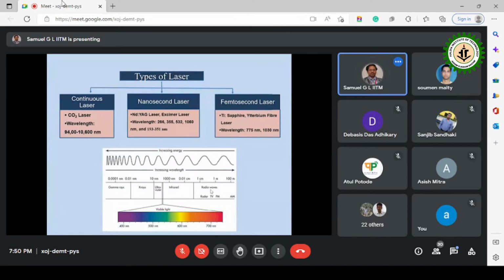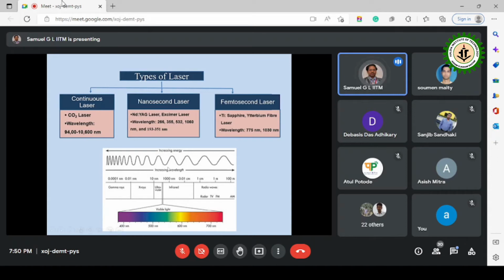Still, if you categorize them based on the way the laser comes out, we can subdivide them into continuous lasers, nanosecond lasers, femtosecond lasers, or we can also categorize them as continuous lasers and pulsed lasers.